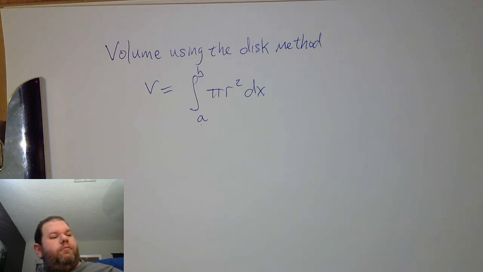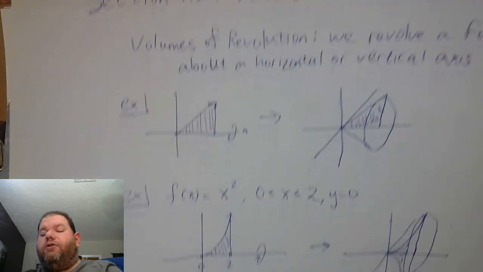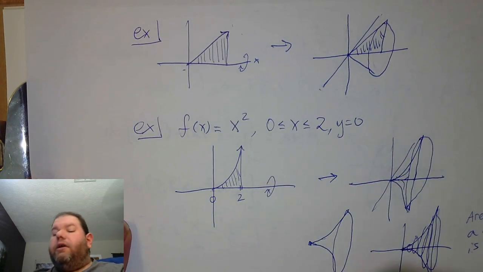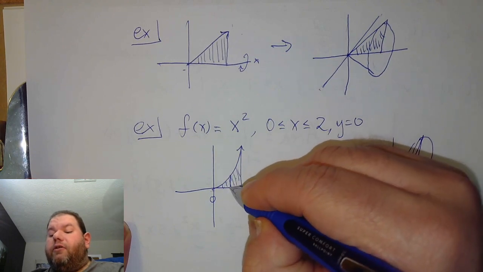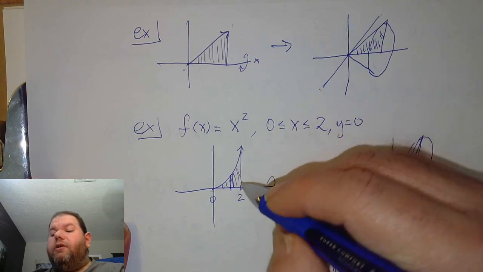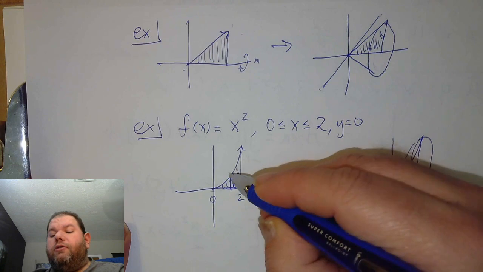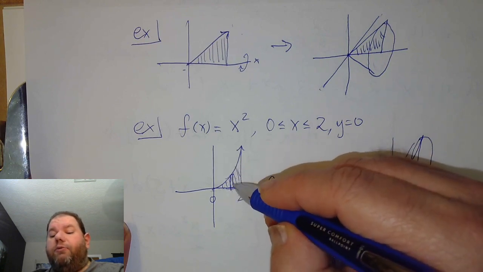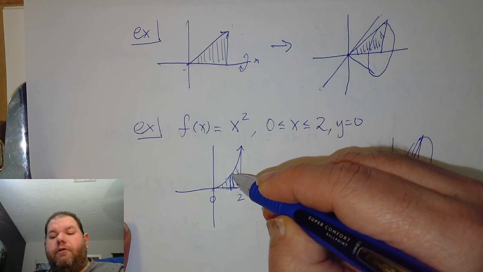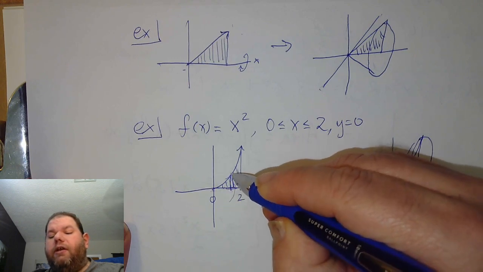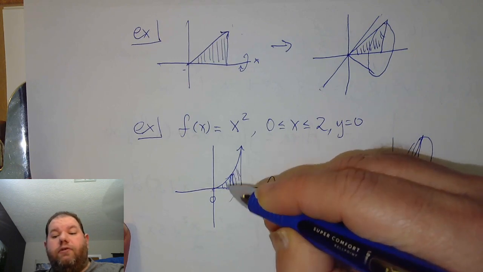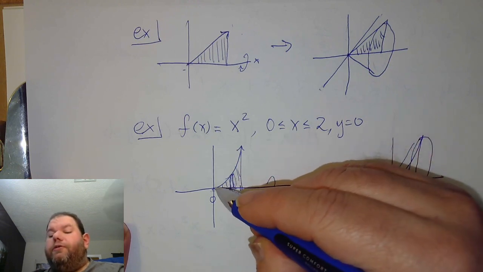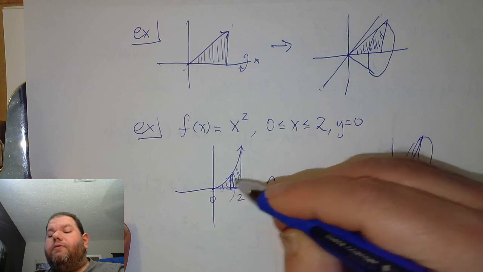Now we come back to our function here, f of x equals x squared, and the distance between the axis of revolution and the function is the radius. This tells us, when we revolve this part of the graph around the axis, how large a circle is going to be created. So closer to 0, it's going to have a smaller circle.